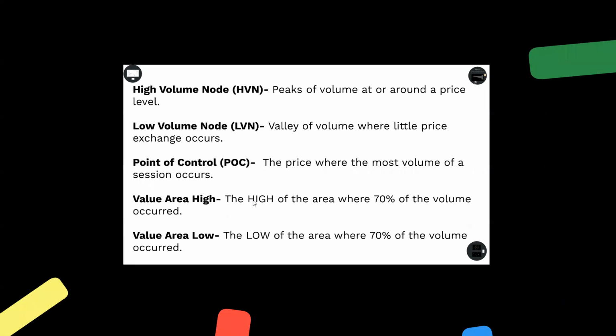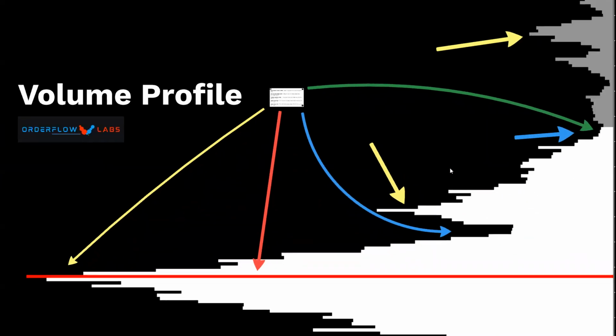So if we look at this here, the yellow arrows signify the high volume nodes. We can see this large high volume node, this one here, and then this tertiary one up here. The blue arrows signal the low volume nodes, where there is lack of volume in exchange for the separate distributions.